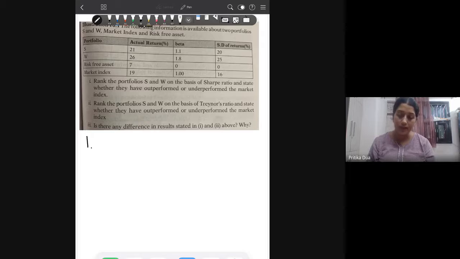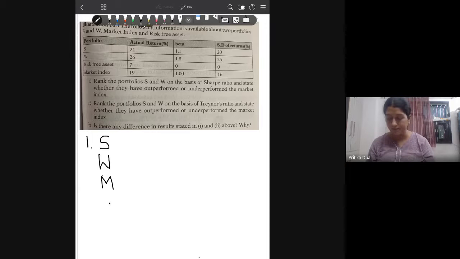So we will need to calculate the Sharpe ratio for portfolio S, portfolio W, and you also need to calculate the Sharpe ratio for the market. Only then can we say whether the portfolio has outperformed the market or not, or underperformed the market.